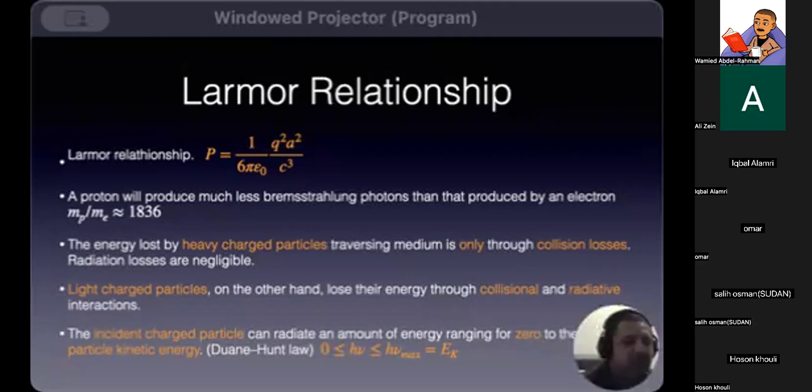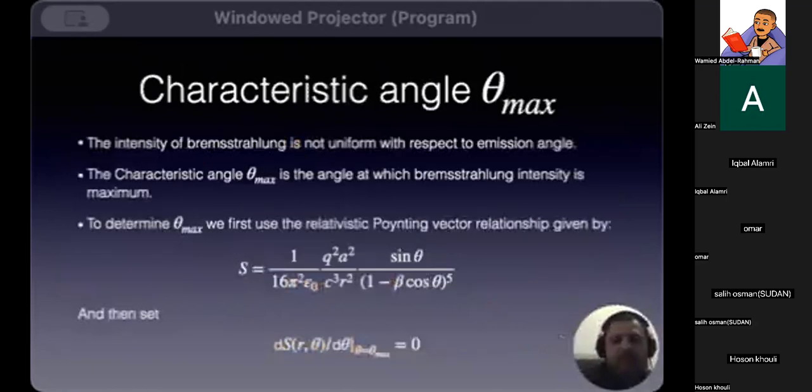We're going to look into this for X-ray targets, thin targets, thick targets, and so on. But the point is that the emitted photons could have an energy ranging from 0 all the way to the kinetic energy of the incident particle, which in practice is the electron. So that's about the energy.